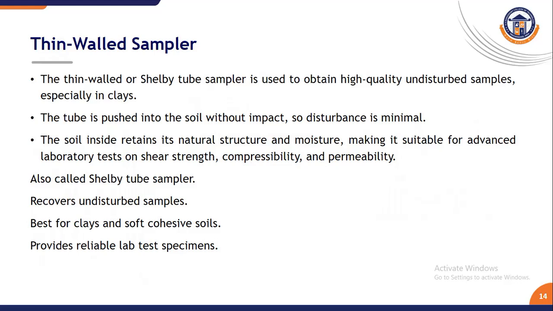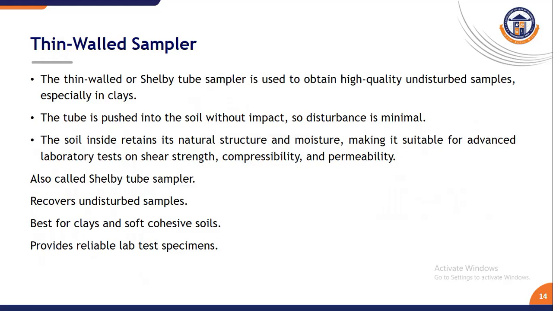Next is the thin walled sampler. It is also called the Shelby tube. It is used for collecting undisturbed samples, especially in clay. The tube is pushed into the soil without impact, so disturbance is minimal. The soil inside retains its natural structure and moisture, making it suitable for advanced laboratory testing of shear strength, compressibility and permeability.